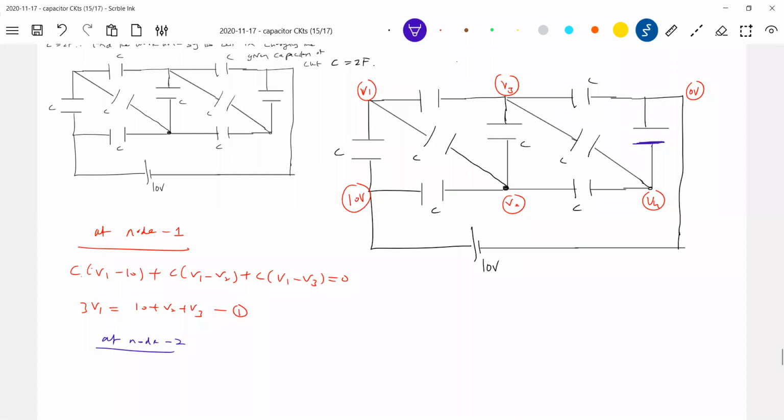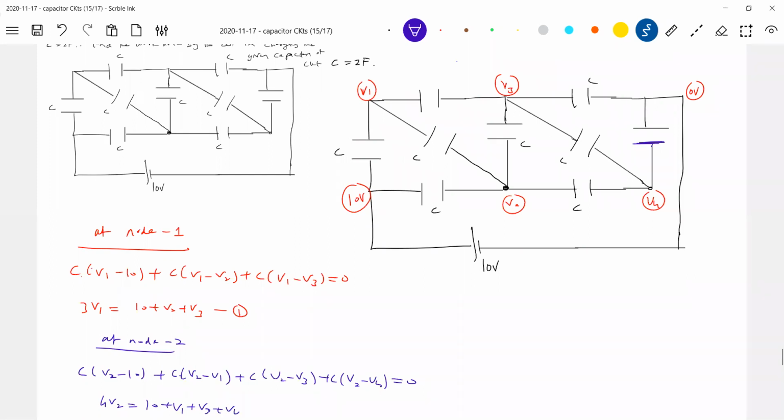At node 2, V2 minus 10, I think 4 capacitors will come there. C into V2, we are taking out, no?